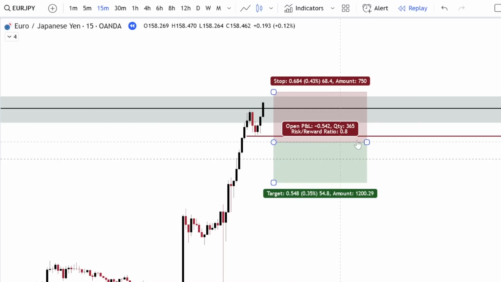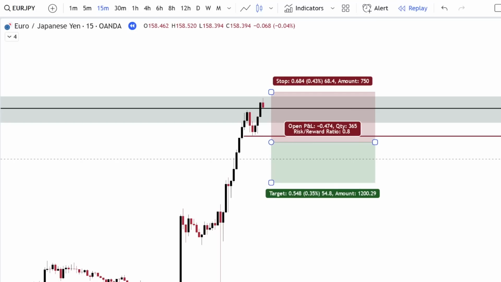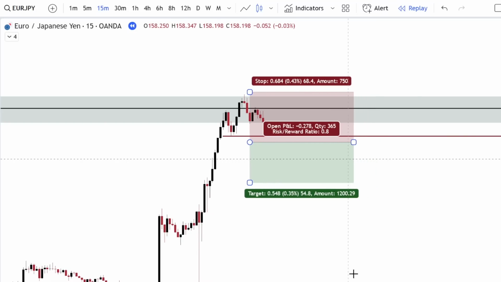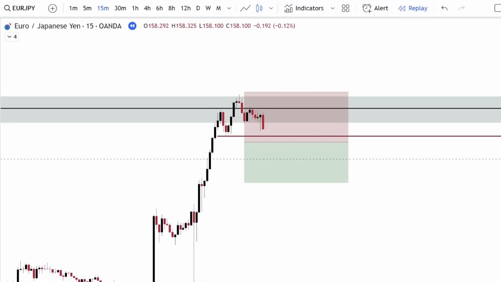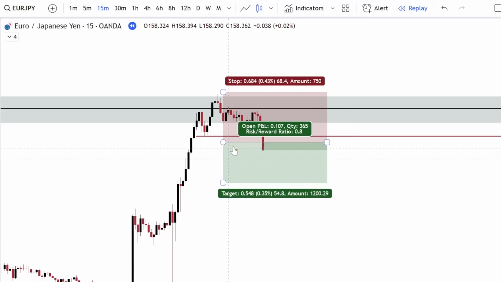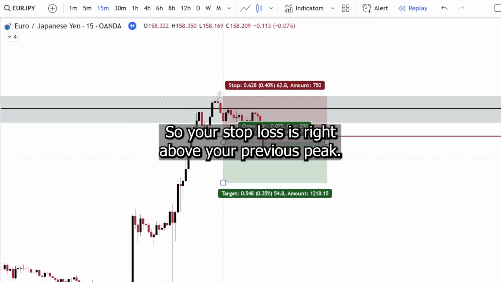Once price breaks below this level, we're taking this entry. And now you're in. So your stop loss is right above your previous peak.